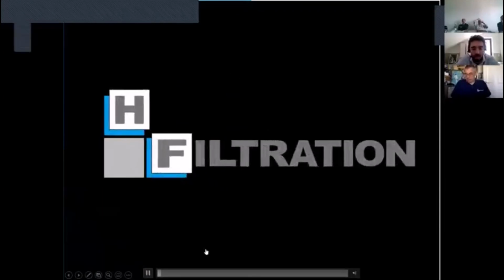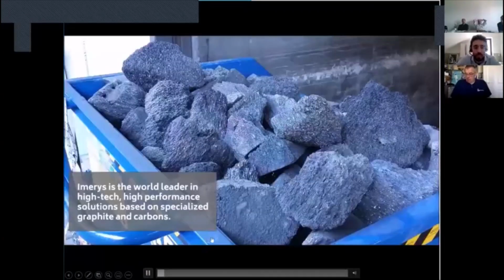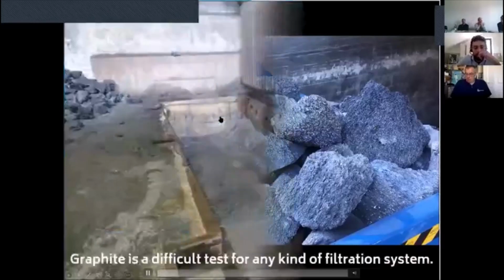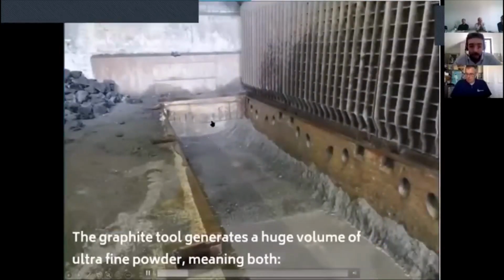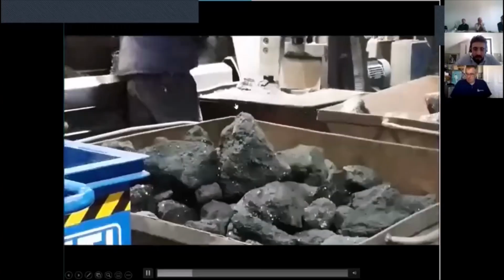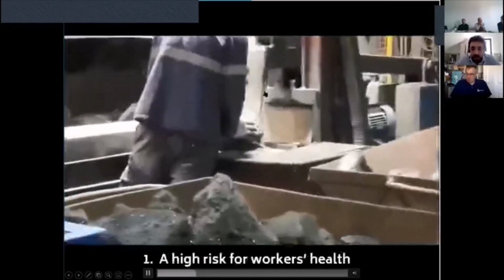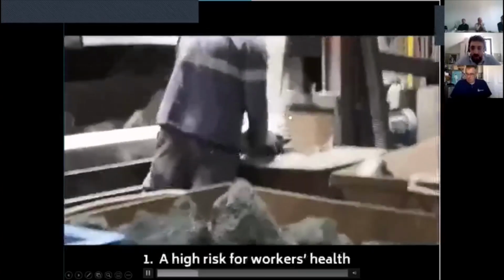I will try to show you the video. This is the raw material that is treated in this company. And this is the working area. Here we can see some operations, and we see a lot of dust in the environment.